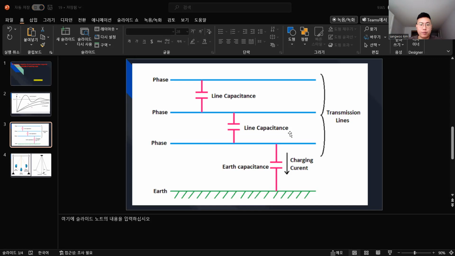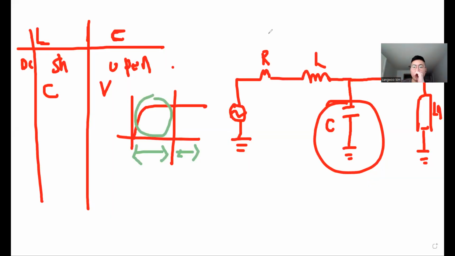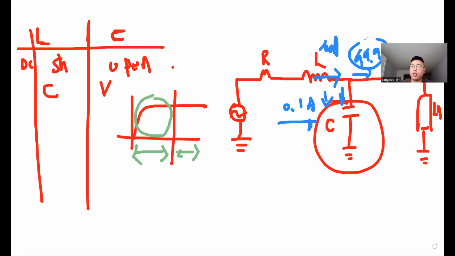Where is it? Oh yeah, here. Generally, if 100 amperes come through here, almost all of it goes to the load. For example, 0.1 amperes flows here and the other part, 99.9 amperes, comes through here.